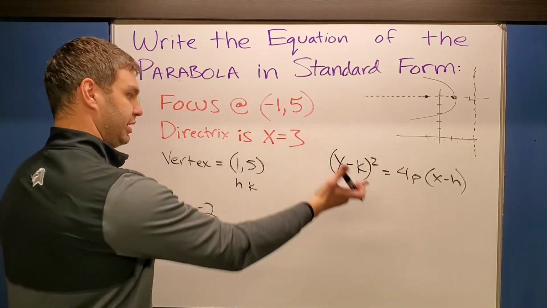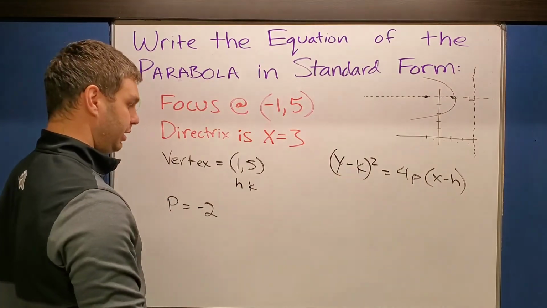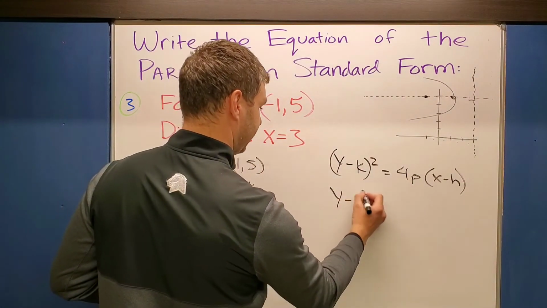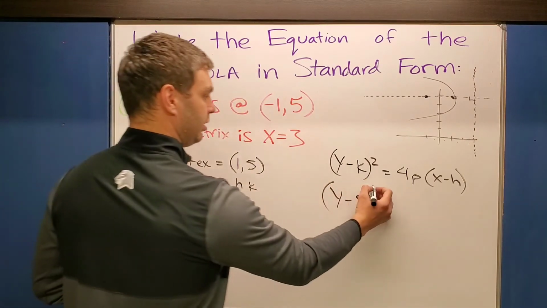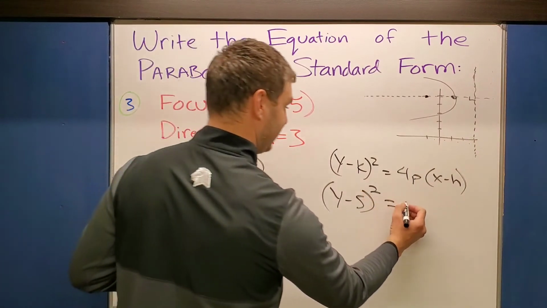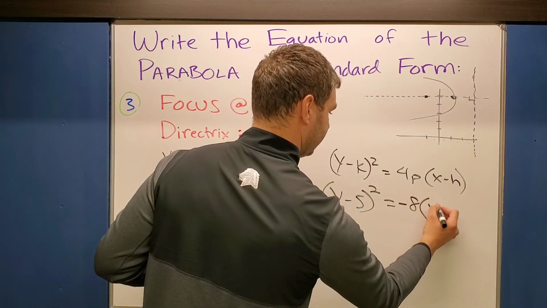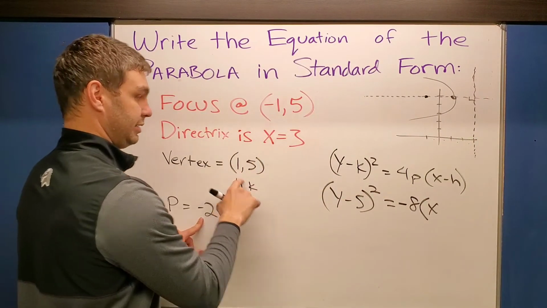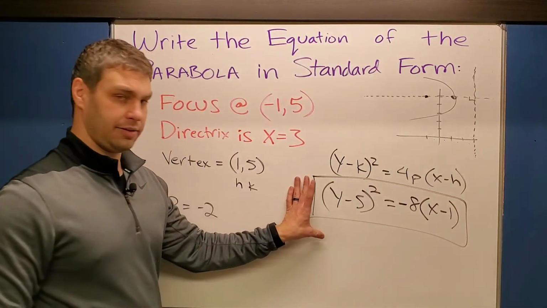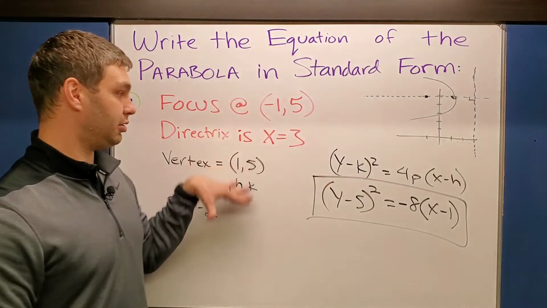But here, if I replace my hk and my p with what I know, then it's going to be y minus 5 for the k value, quantity squared, equals, p we said was -2, so this would be a -8 times the quantity x minus h, in this case x minus 1. All right, and this is the standard form of this parabola that satisfies those conditions.